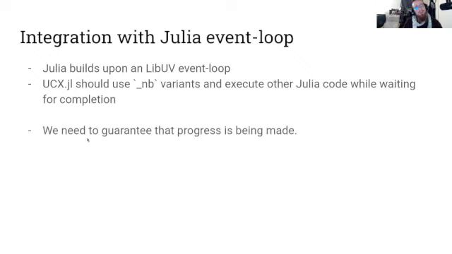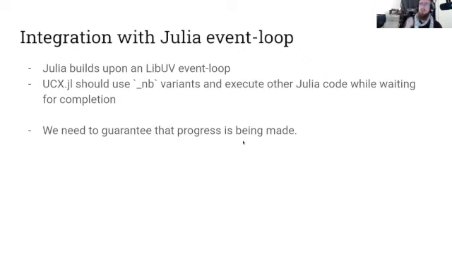We also need to guarantee that progress is being made. In UCX, callbacks only happen when the UCX progress function is being called on the worker. So you need to guarantee that that happens eventually, otherwise you will not receive your callbacks. And of course, there are other points.